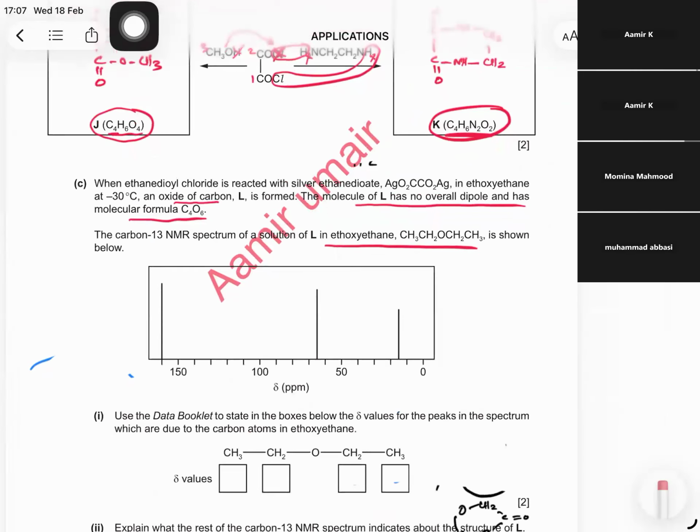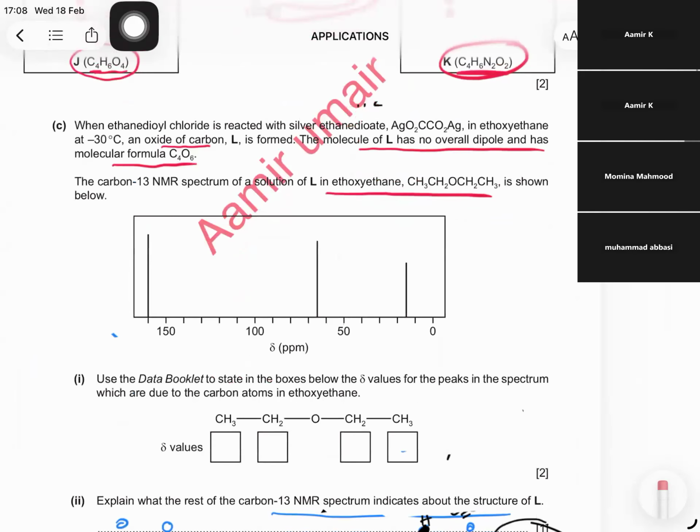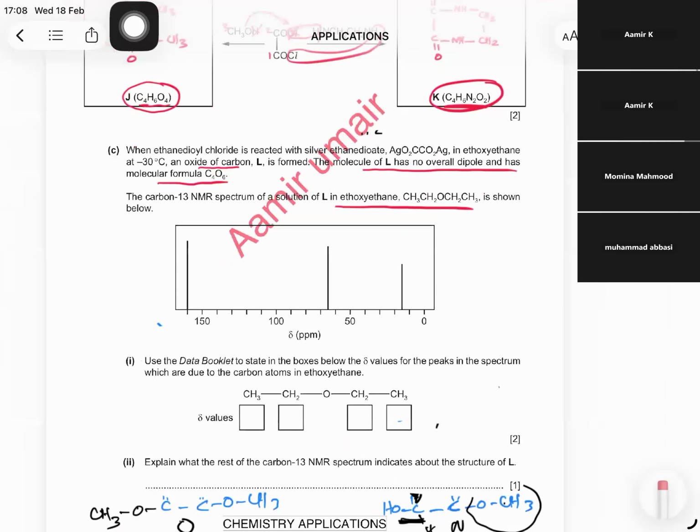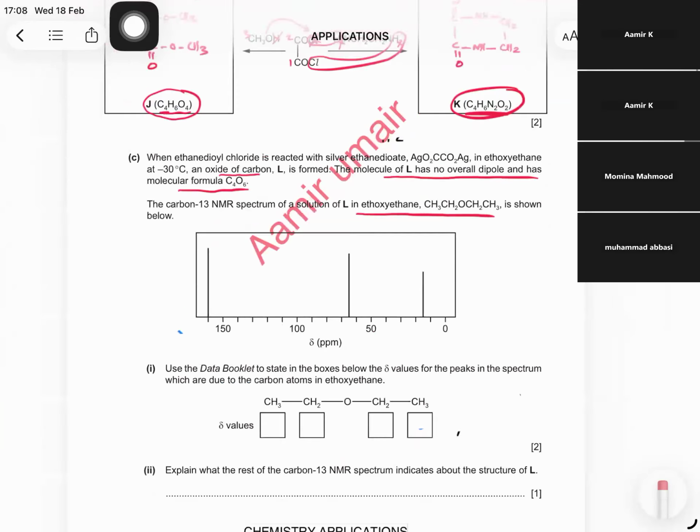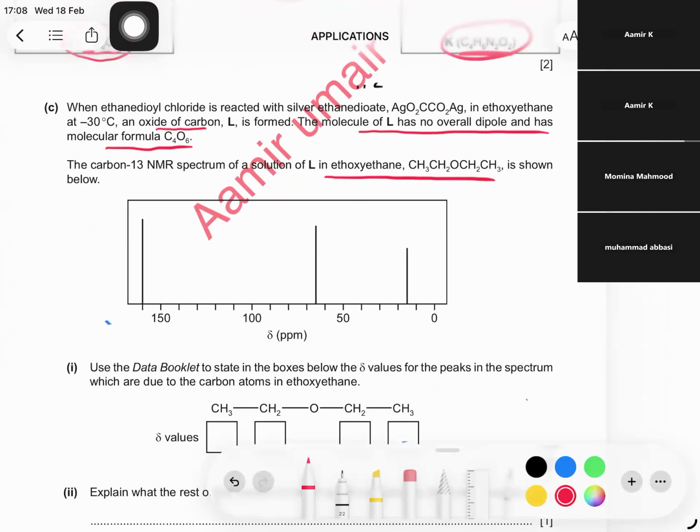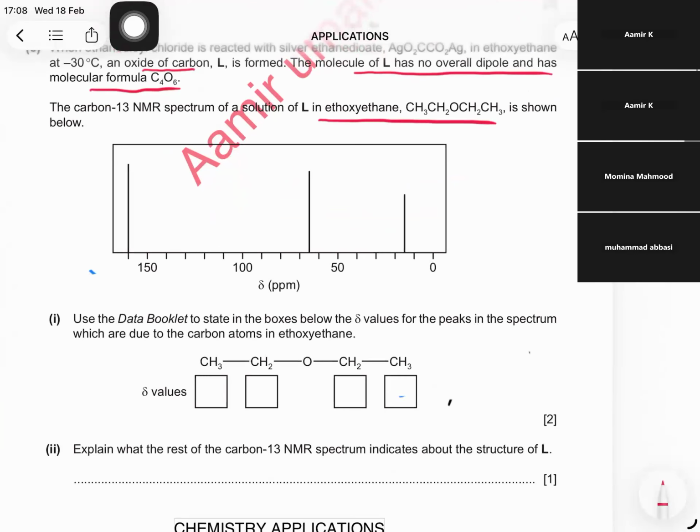C4O6. Sorry, not H6O. C4O6. Okay, use the data booklet to state the values for the peaks in the spectrum which are due to carbon atoms in ethoxyethane. Explain what the rest of the carbon-13 spectrum indicates about the structure of L.